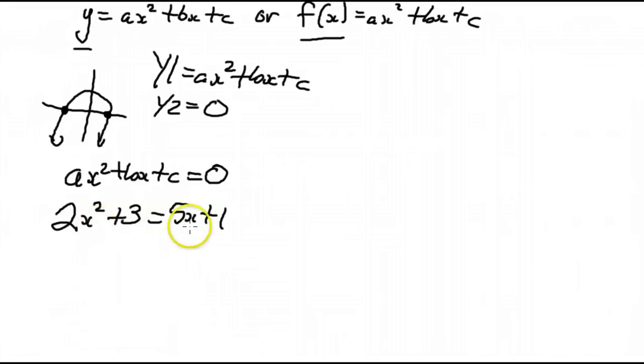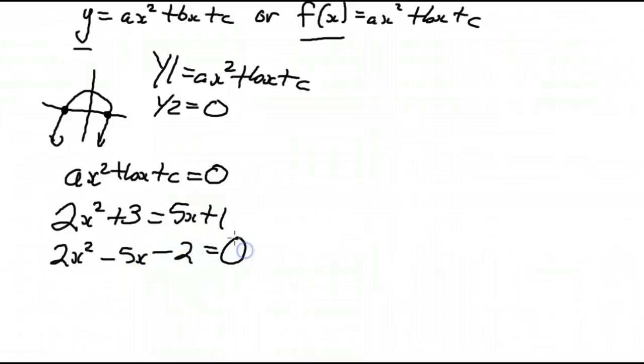Okay, so the first step is to rearrange. This has to be set equal to 0, so we will get 2x squared minus 5x, subtract 1 from both sides, minus 2 is equal to 0. And now we factor this. What method you use to factor is totally up to you. The important thing, though, is to check.